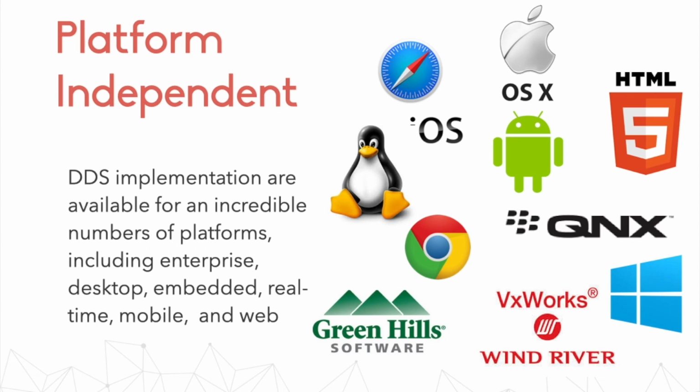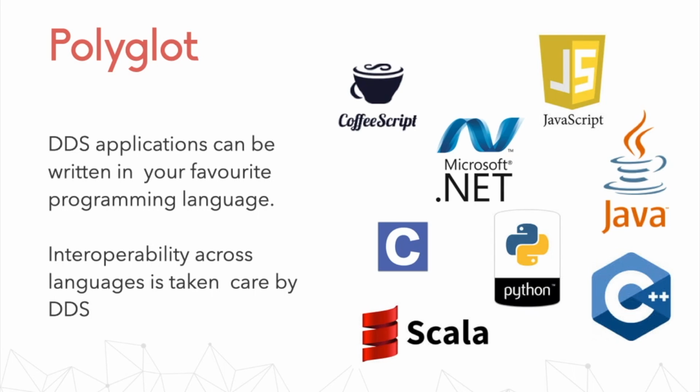So DDS is platform independent, so it can run on a plethora of different platforms, from Linux, Windows to Android, macOS, as well as embedded platforms such as VxWorks, QNX, and so on and so forth. And you can program DDS with several different languages, so in a way it's polyglot. Most vendors provide APIs for C, C++, Python, Java, Scala, and so on and so forth.